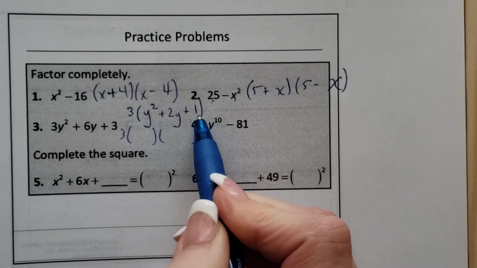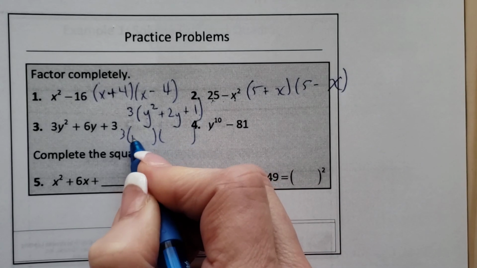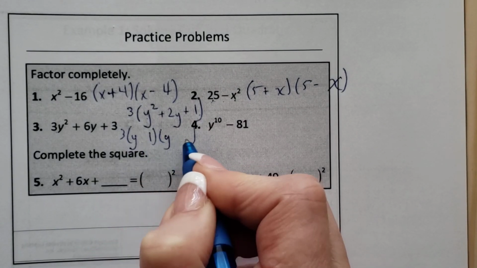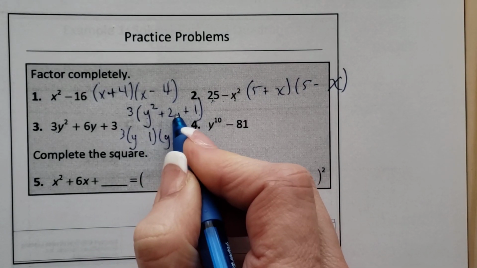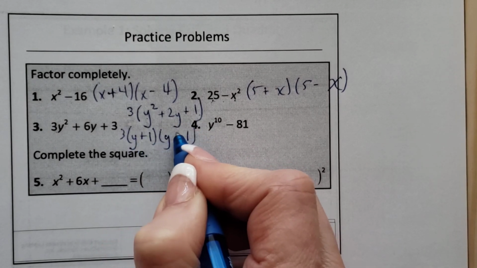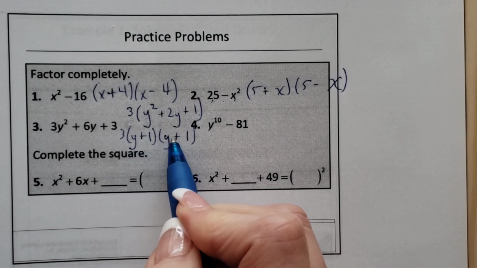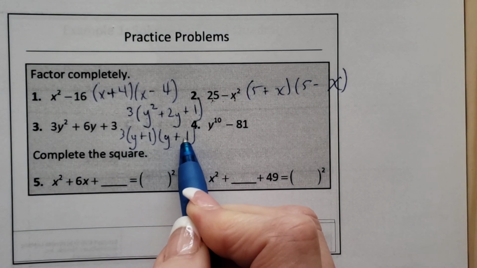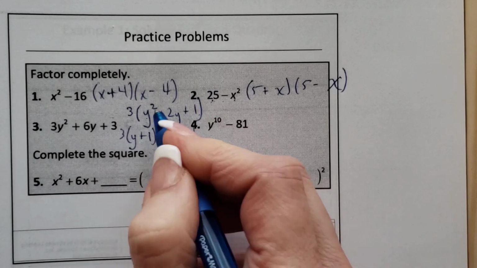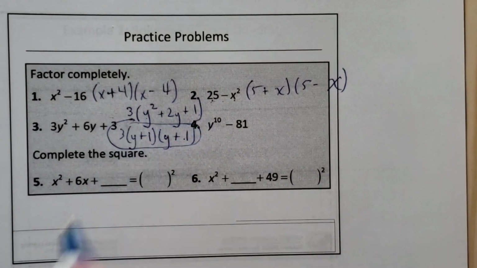Since this is a perfect square and this is a perfect square, I'm going to write their square roots here. Now this middle term is not 0, it's 2. So I'm going to go ahead and give them both pluses. And then to make sure, I'm going to FOIL this. Then when I use the distributive property, I go right back here. So I know this is the right answer.